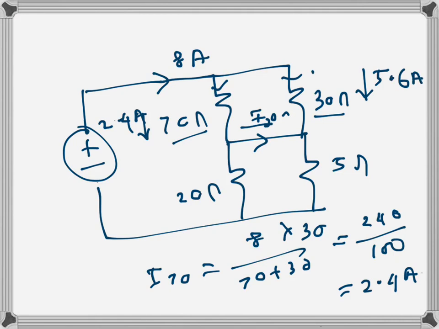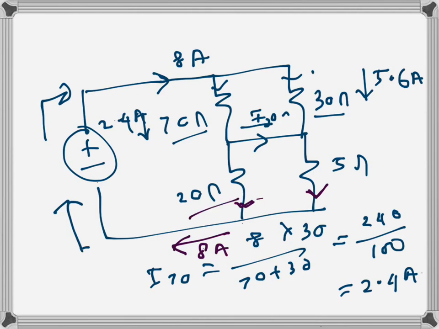Now what we will do at this stage is, we know that this 8 amps which is coming from here will come back in this direction, so the current in this branch is again 8 amps. That current is the addition of these two currents, and these two are parallel paths again, so we can calculate the parts of 8 amps in these two branches, basically 20 ohms and 5 ohms.